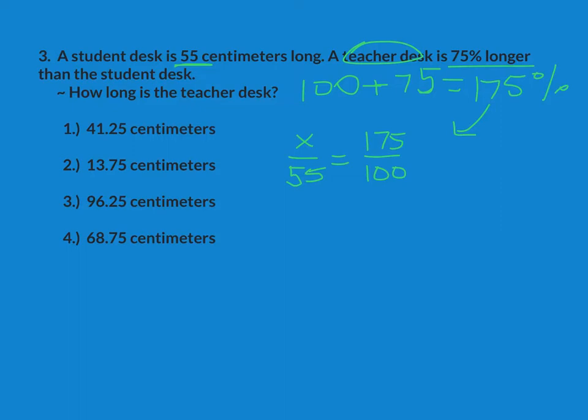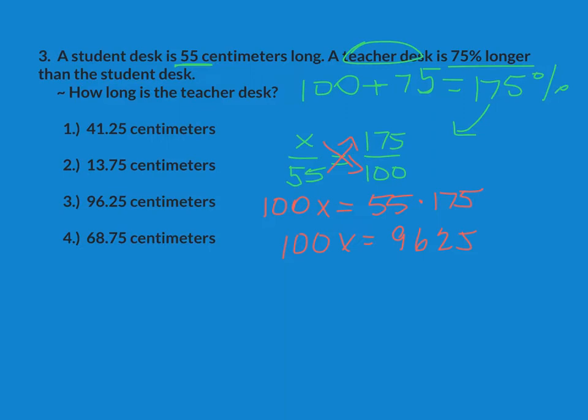And then I am going to cross multiply. So I'm going to have 100 times X, or 100X, equals 55 times 175. This is 100X equals, and get out those calculators, 55 times 175 is 9,625.